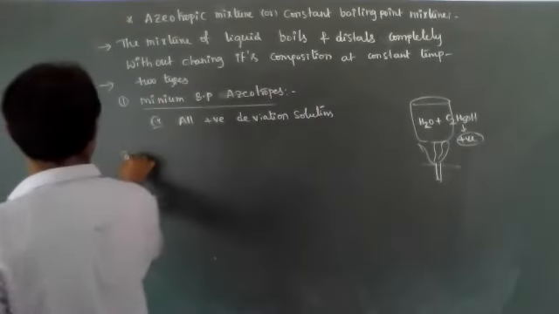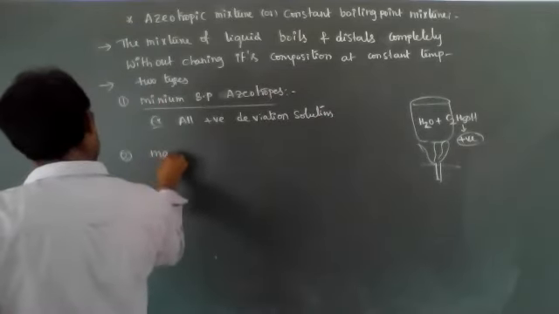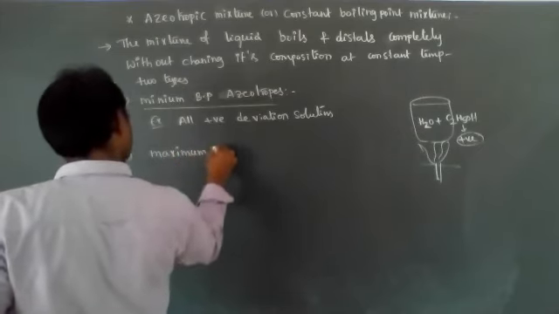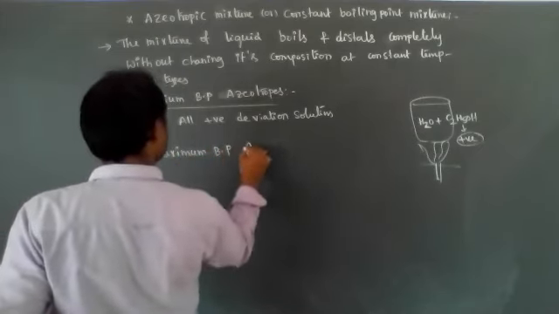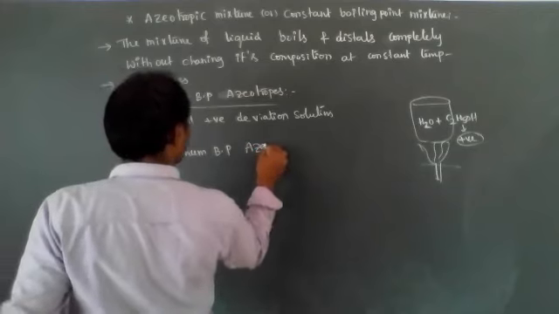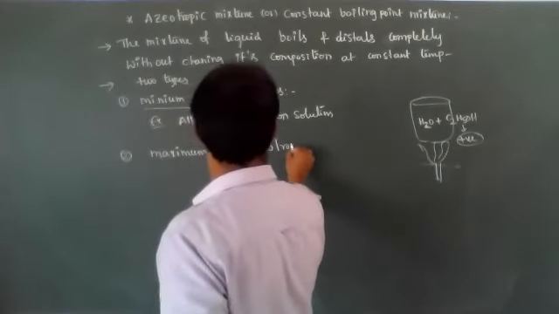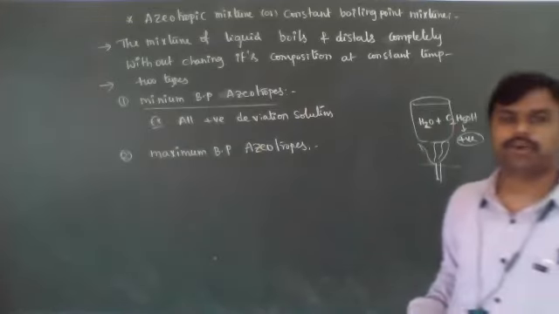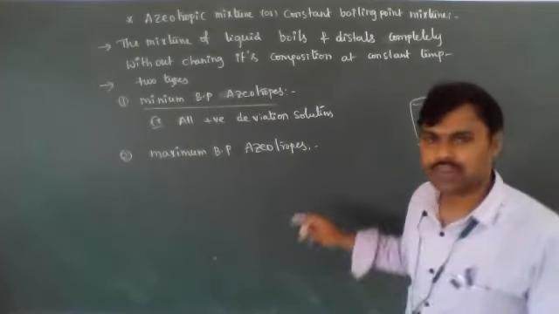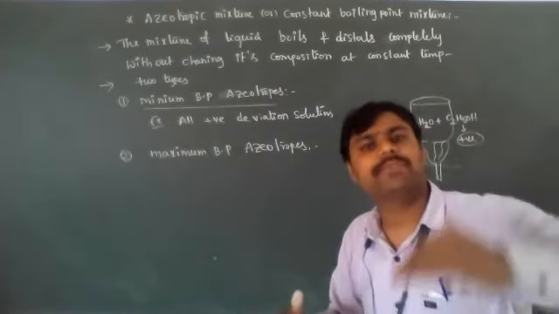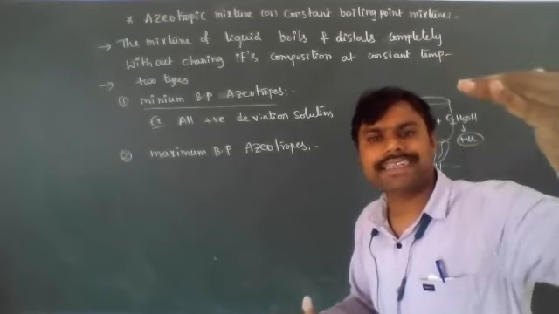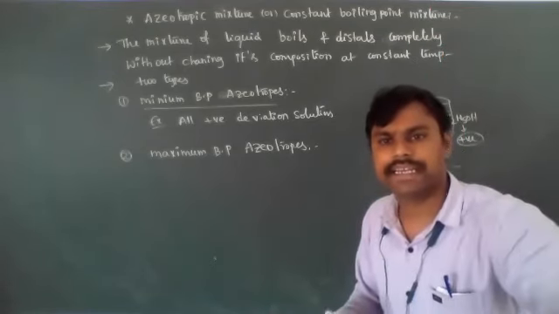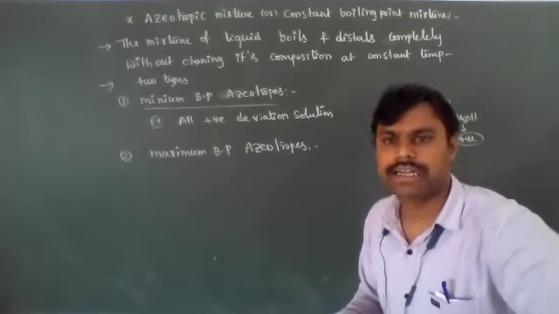The second one is maximum boiling point azeotropes. What does maximum boiling point azeotropes mean, dear students? The resultant mixture boiling point increases. When the boiling point increases, the volume decreases, then the vapor pressure decreases.